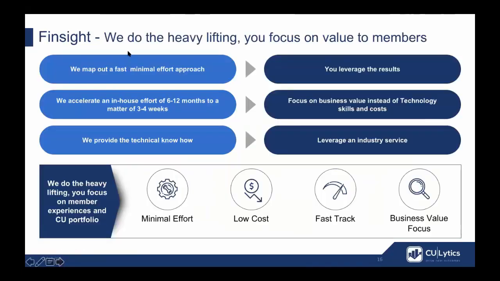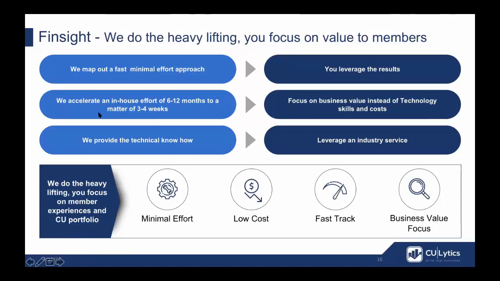From the FinSight point of view, what we do is that we do the heavy lifting so that you can focus on the value to members. We map out a fast, minimal process so that you are able to leverage the results. You don't need to worry about the actual data mining and things like that.